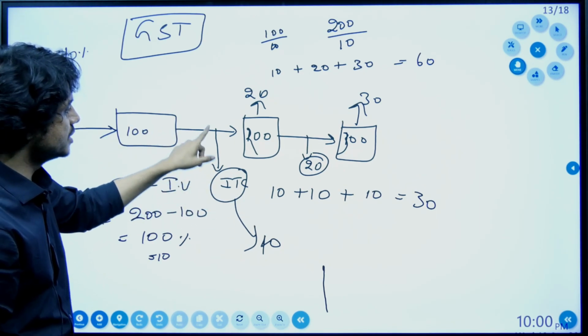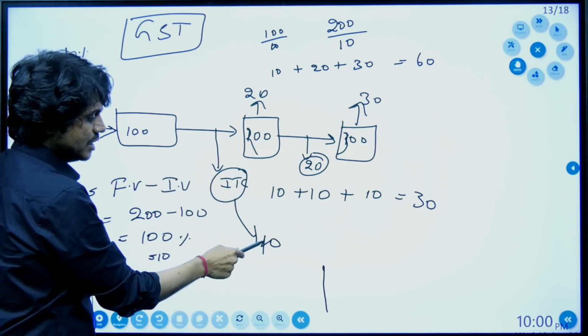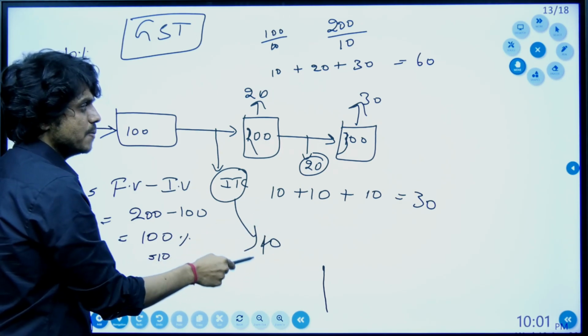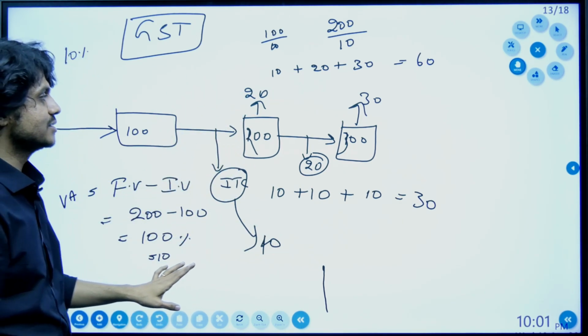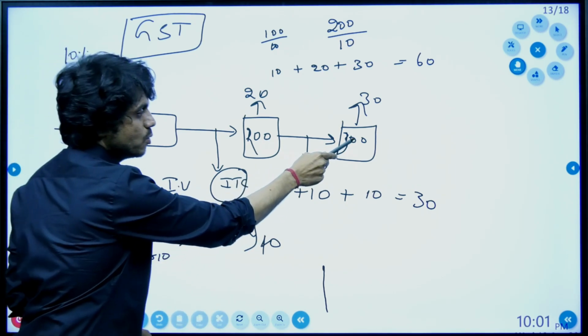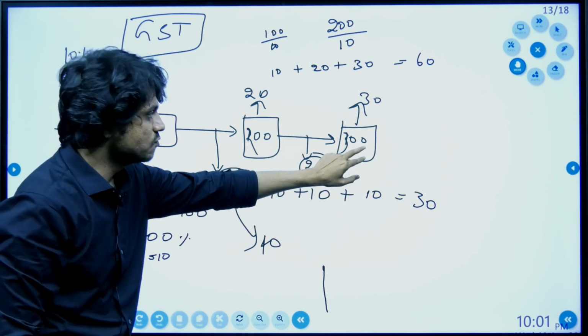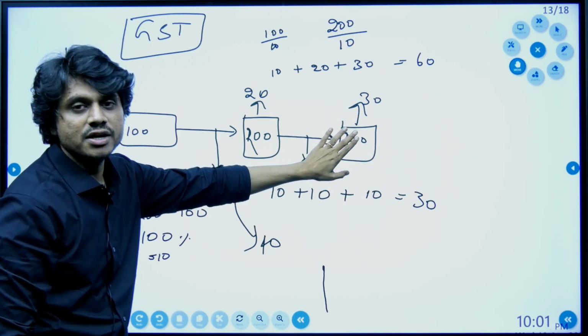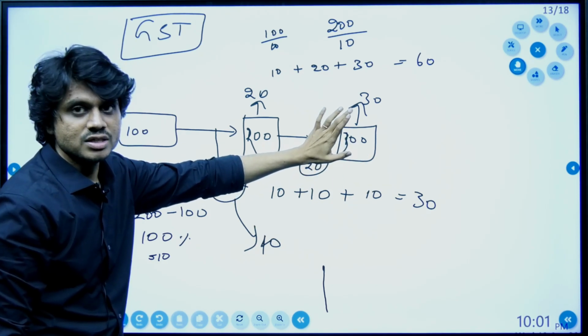He has already paid the tax, which he will show as input tax credit, and the input tax credit of 10 rupees he will get back. So he is actually paying only 10 rupees on the value addition he has done. Same way here, let's say there is a 10% GST. First he will pay on the 300 rupees, 30 rupees of the GST.